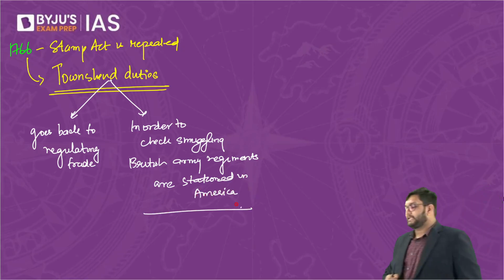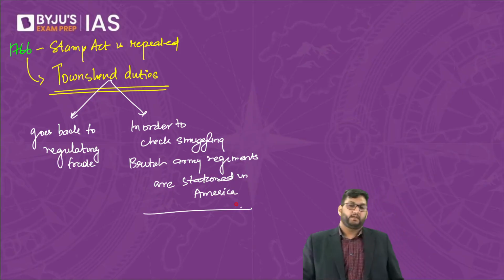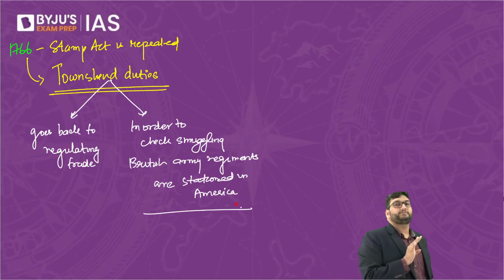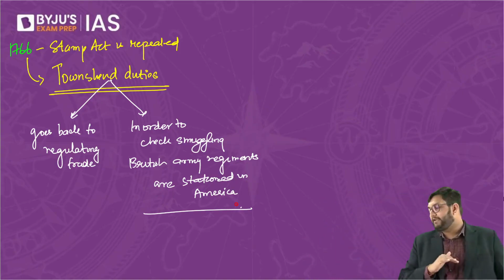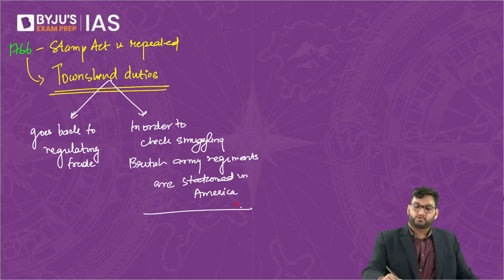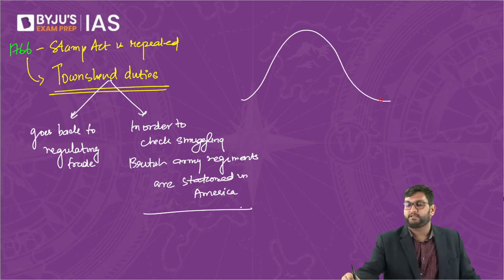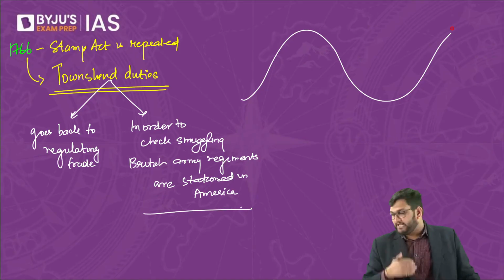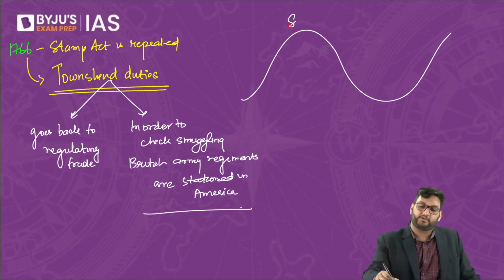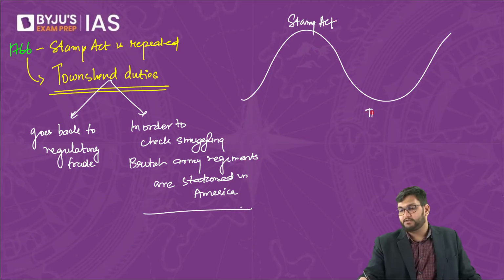But why am I discussing the Townshend Duties? I'm discussing the Townshend Duties because the Townshend Duty is in a way a de-escalation. So if you look at this relationship till this point, there has been escalation, de-escalation. Escalation was the Stamp Act. De-escalation was the Townshend Duties.